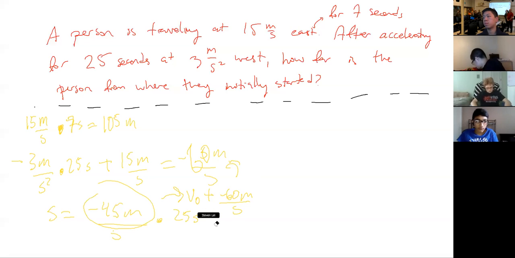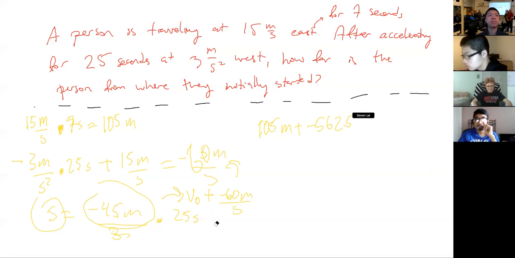And then you take that value and you would just add it. So it was negative 105 meters plus... Sorry, this is a little messy. And that would give you negative 457.5.